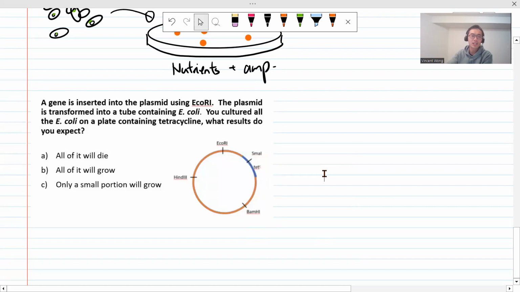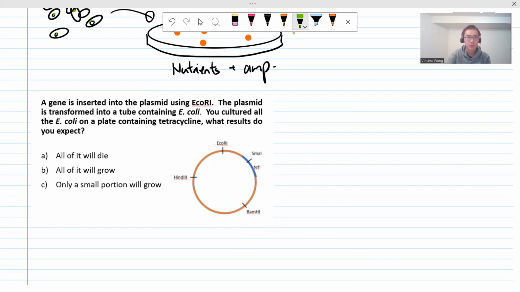So here, a gene is inserted into the plasmid using EcoRI. The plasmid is transformed into a tube containing E. coli. You culture all the E. coli on the plate containing tetracycline. What results do you expect? So we are inserting using EcoRI. The gene goes right here, according to the map.